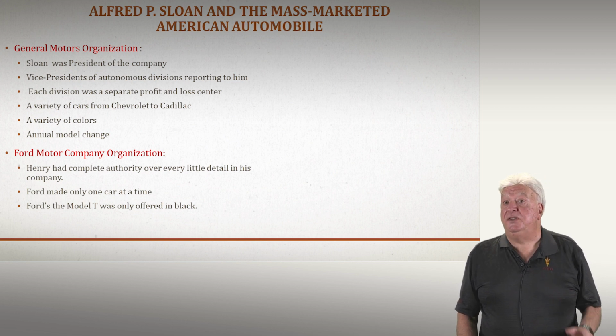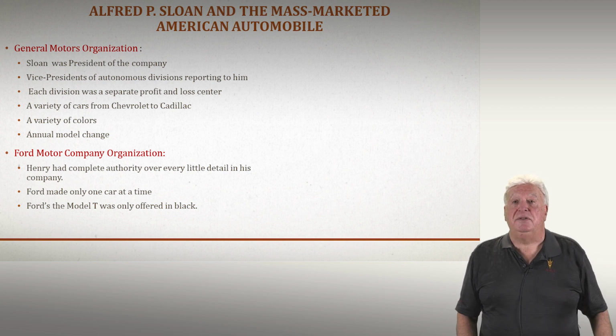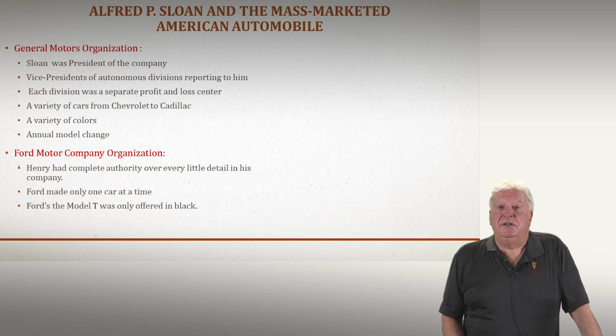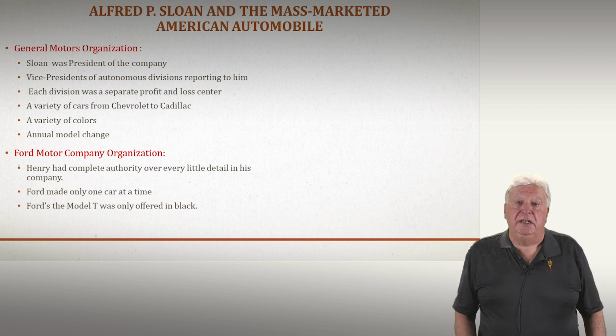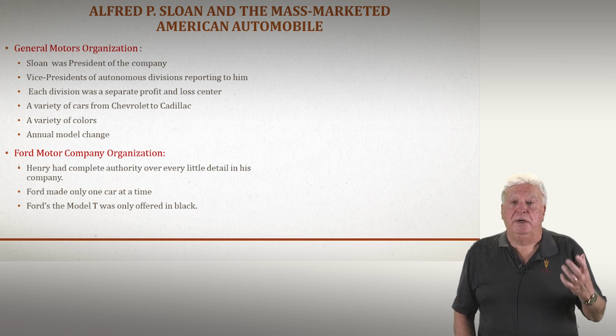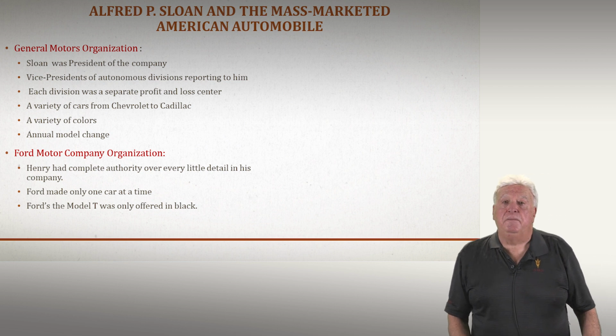Each division was a separate profit and loss center, so the performance of each division was easily monitored. Certain agencies such as research and development and advertising were centralized and acted in an advisory capacity to each division. So you see the structure of the modern corporation, which Sloan pioneered here.